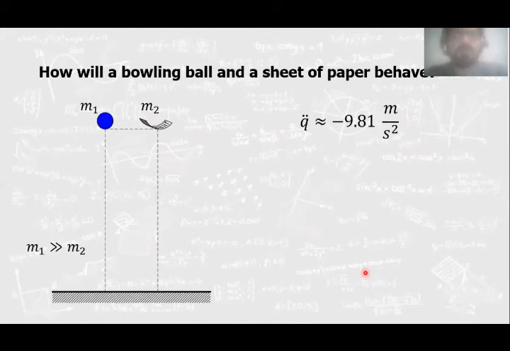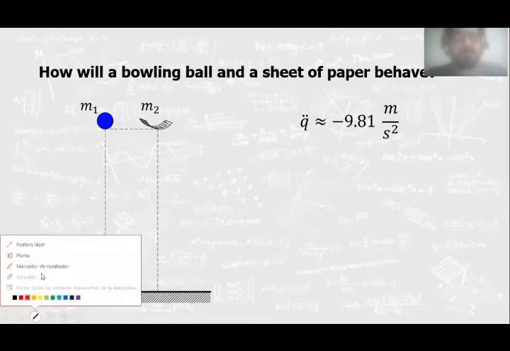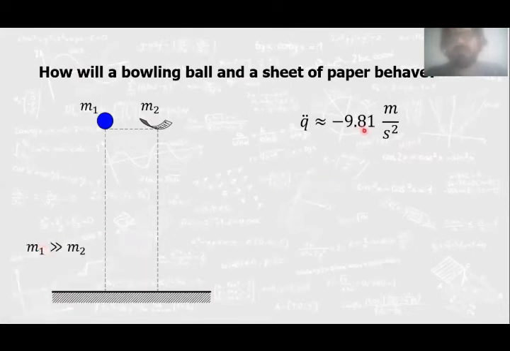How will a bowling ball and a sheet of paper or a feather behave if the acceleration of each element is equal, is the gravity, approximately minus 9.81 meters per second squared? We think that the bowling ball in the real case arrives first than the feather or the sheet of paper.